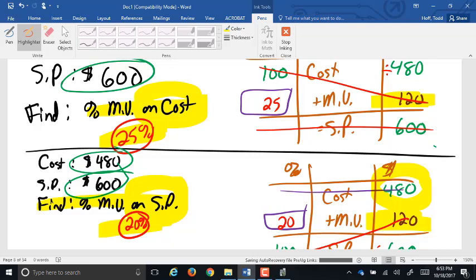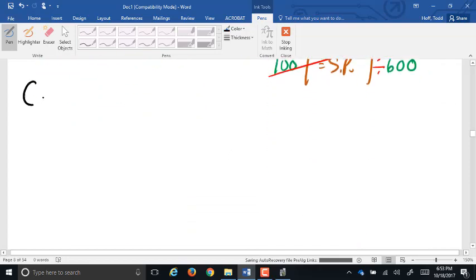So what if we want to convert between markup on cost and markup on selling price? So let's look at a situation here.